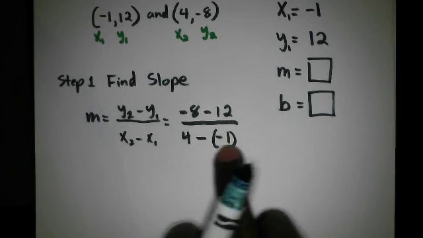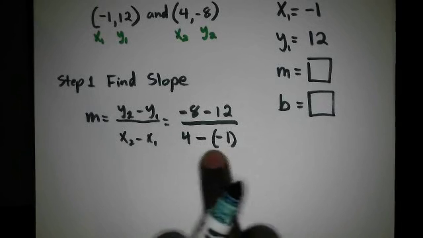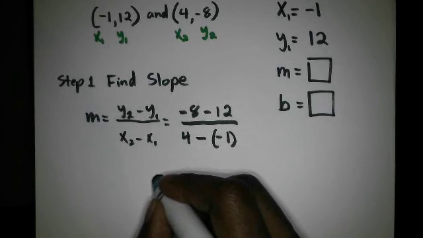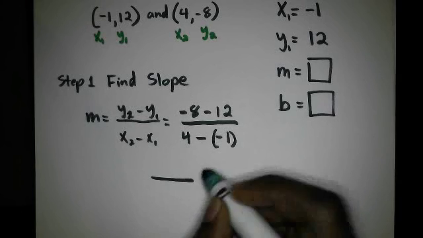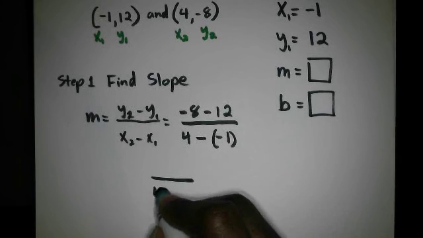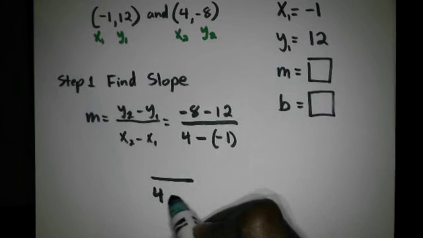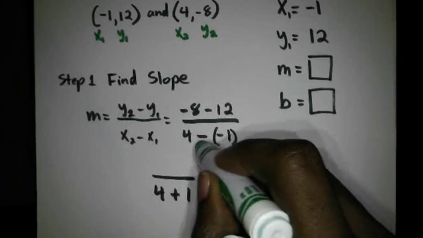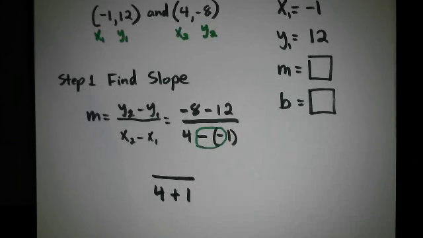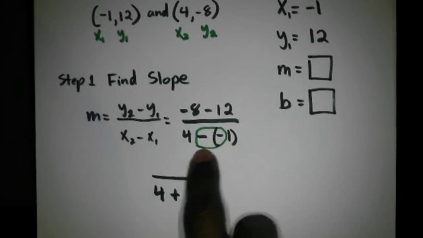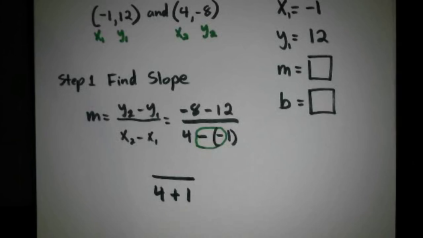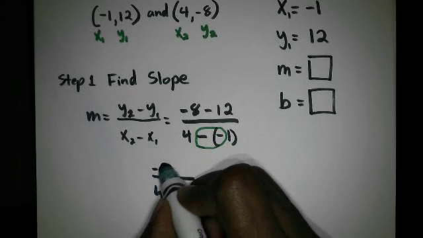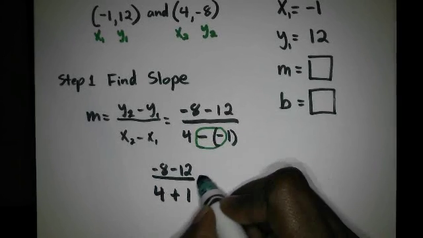In order for us to simplify this, if we have 2 negatives here, on the bottom it's 4 plus 1. That's what these 2 negatives mean. If they're side by side, negative times negative makes a positive. So 4 plus 1, and on the top we still have -8 and -12.